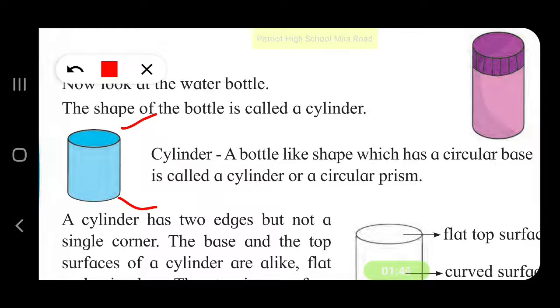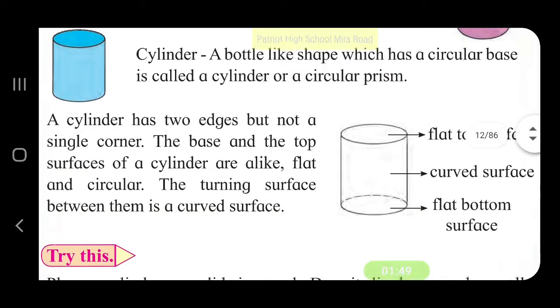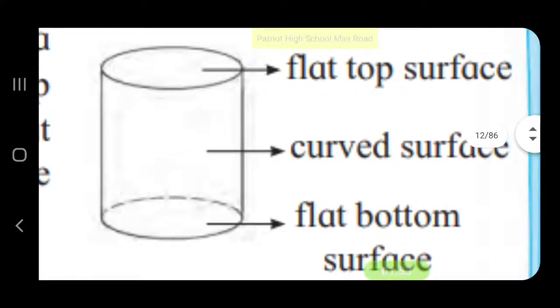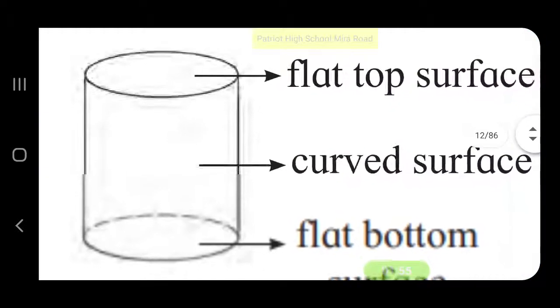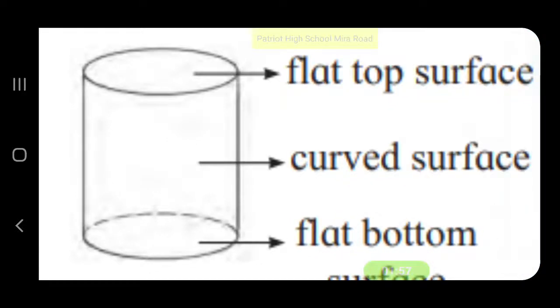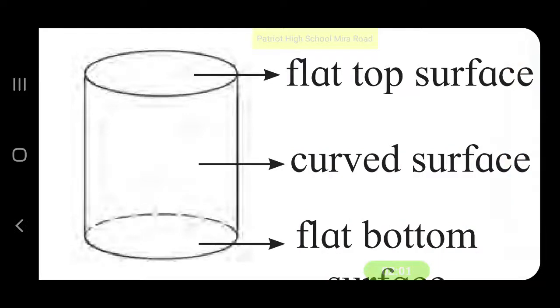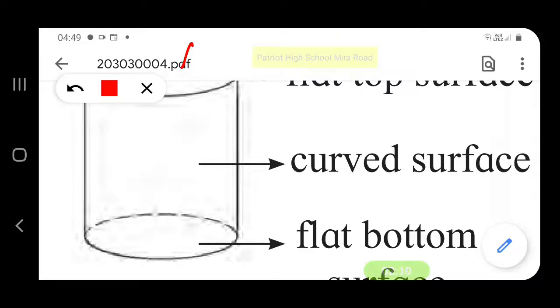The base and the top surfaces of a cylinder are alike. We can see the top surface and the bottom surface. This is the top surface.